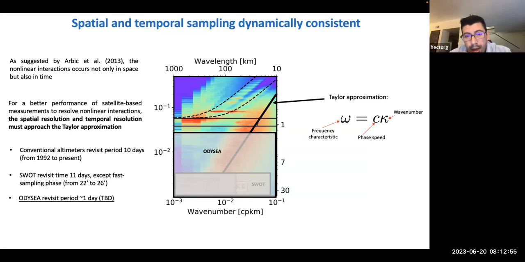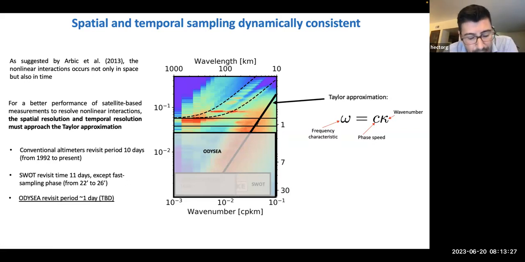mind, we now know that in terms of surface currents we can go down to 10 kilometers, but also in some places like mid-latitudes, like in the Kuroshio extension, we can have almost two observations per day. So we can fill up all this gap. And as you can see, the combination of the spatial resolution and temporal sampling is somehow not optimal for the computation of the kinetic energy fluxes.